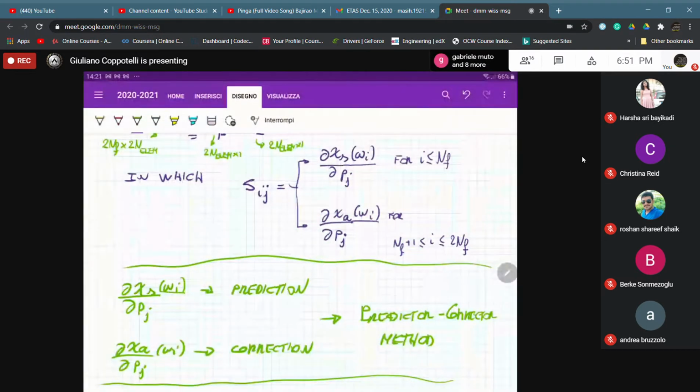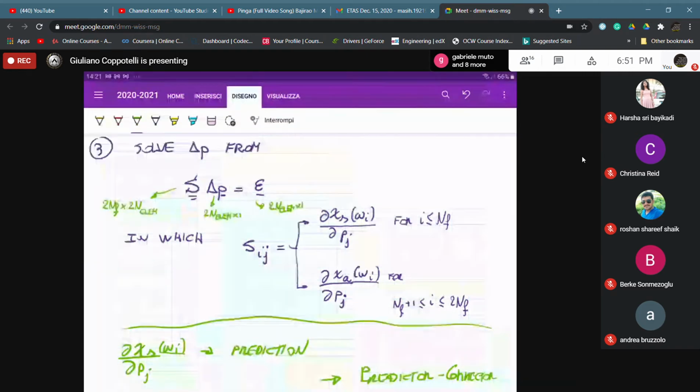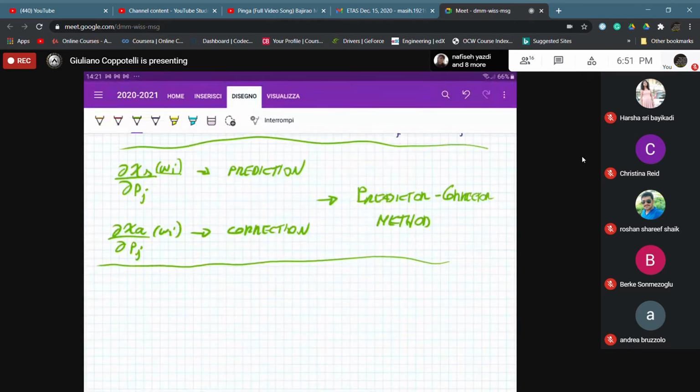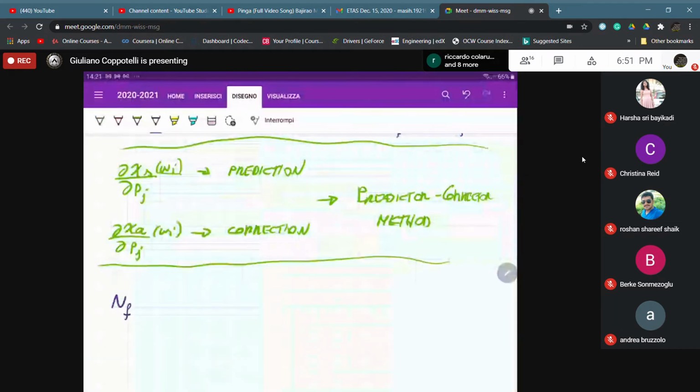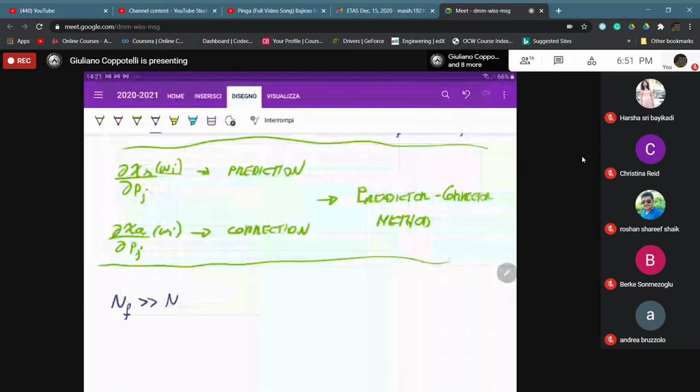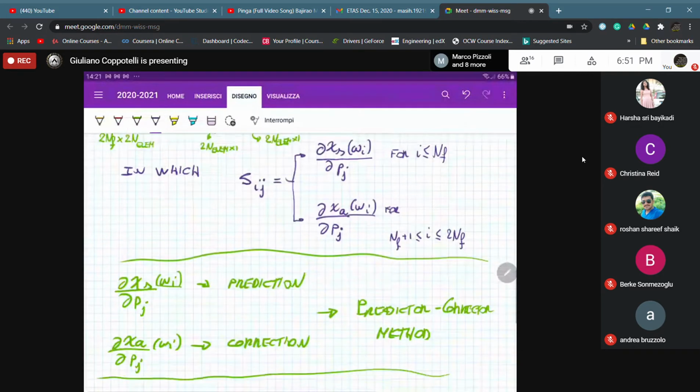Now, if you look at the general solution, as I already talked about, the number of frequency lines is generally much larger than the number of design parameters that we have to consider for updating.